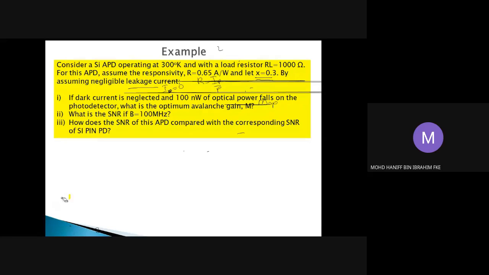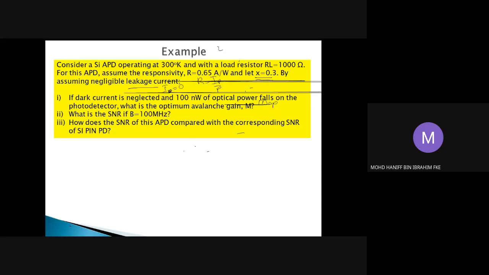Okay, never mind. So for the third question, we need to compare the SNR obtained from the APD with the SNR that shall be obtained from the PIN photodiode.